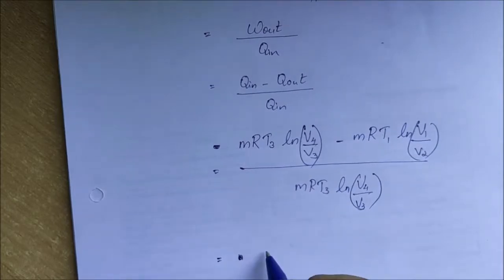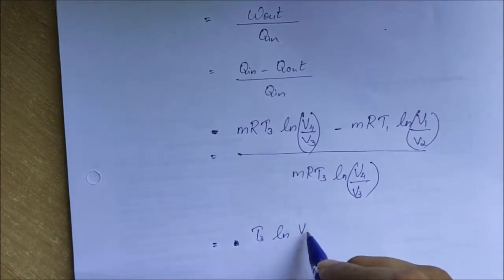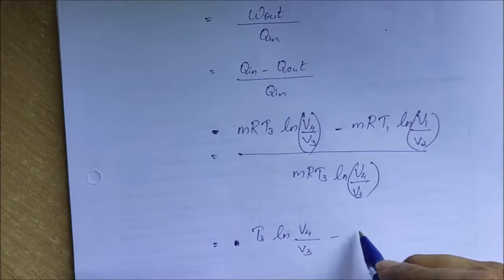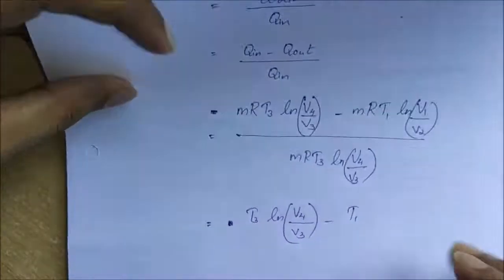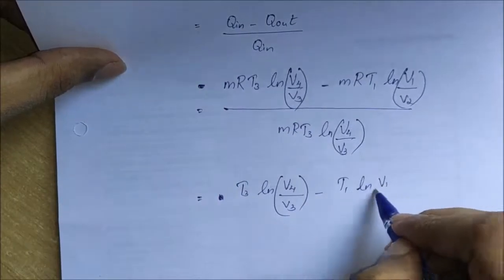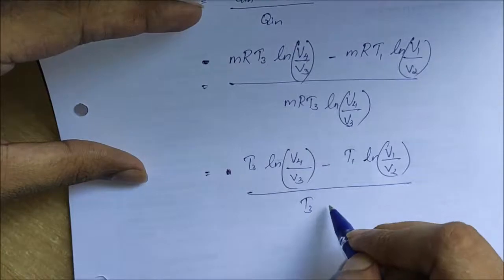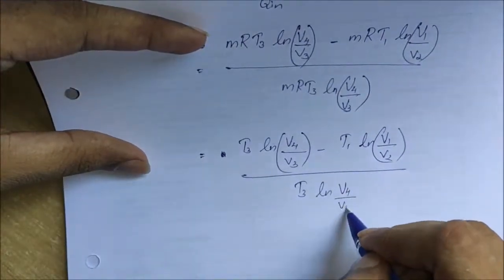So I can write it as T3 into ln V4 by V3 minus T1 into ln V1 by V2, divided by T3 into ln V4 by V3.